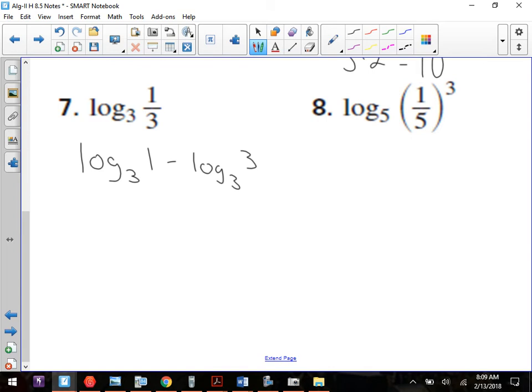Log base 3 of 1 is 0, and log base 3 of 3 is 1, which gives you negative 1. And does that look familiar as far as your exponent rules? Because if I rewrote 1/3 as a base 3, wouldn't that be 3 to the negative 1?